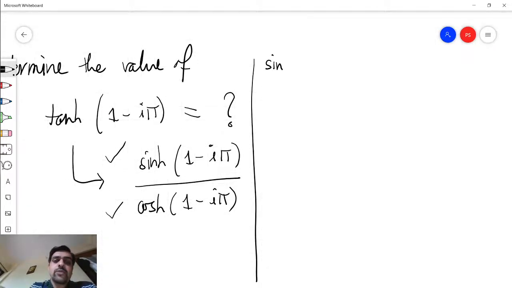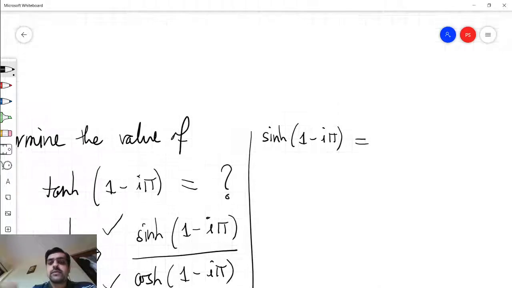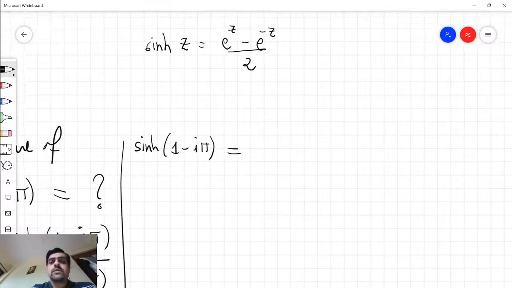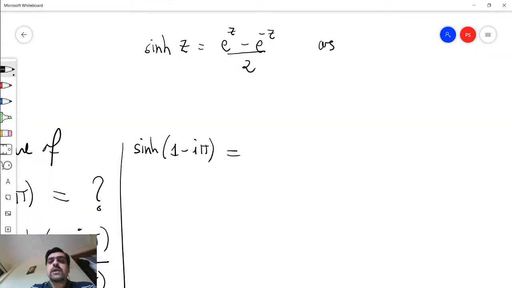So sine hyperbolic of 1 minus i pi. If we remember the formula which says sine hyperbolic z is e raised to z minus e raised to minus z divided by 2, and cos hyperbolic z is e raised to z plus e raised to minus z divided by 2.